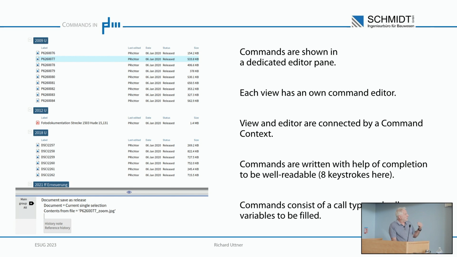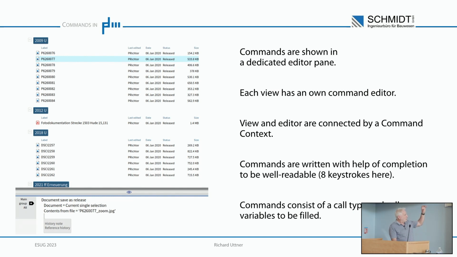And what we further see, commands are written with help of completion. It means we do not have to type each of the letters that we have here. And what you see below to indicate that is a list of further variables in that case that I could try to specify for the given call.